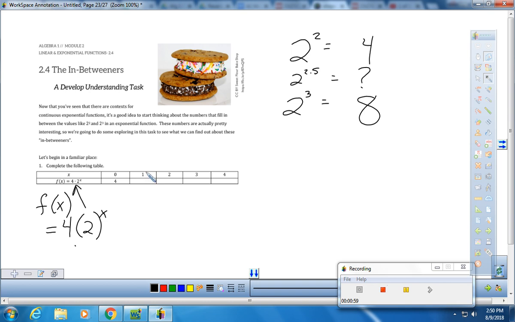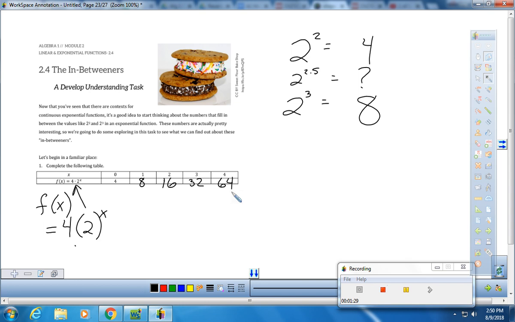So 2 to the first is 2. 2 times 4 is 8. 2 squared is 4. 4 times 4 is 16. We're multiplying each one by 2. 2 cubed is 8. 8 times 4 is 32, and so the next one will be 64.